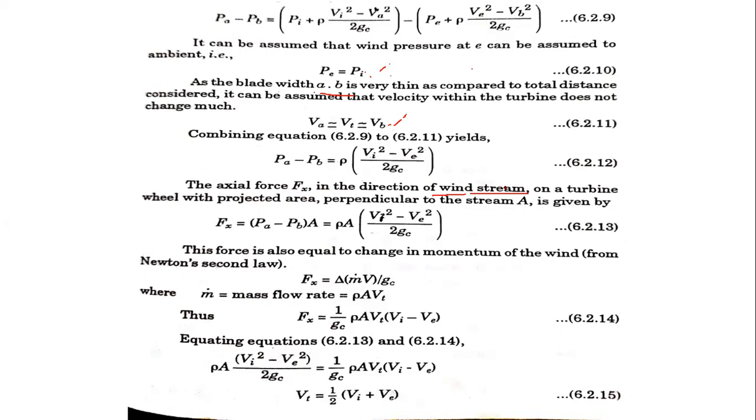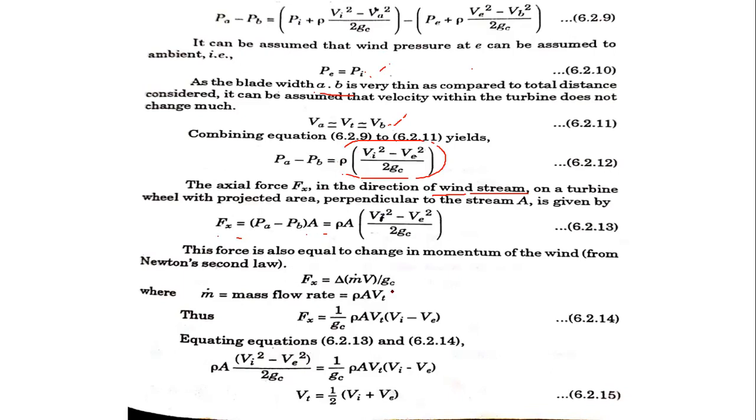It is given by Fx is equal to PA minus PB into A. Substituting the value of PA minus PB, we get rho into A into VI square minus VE square by 2GC.